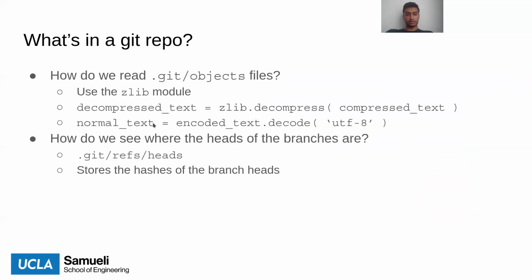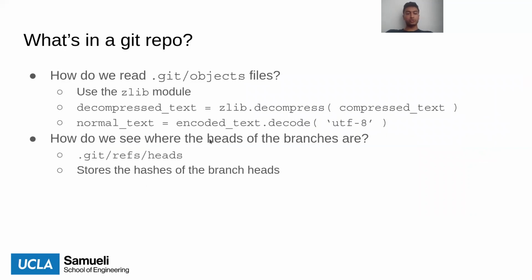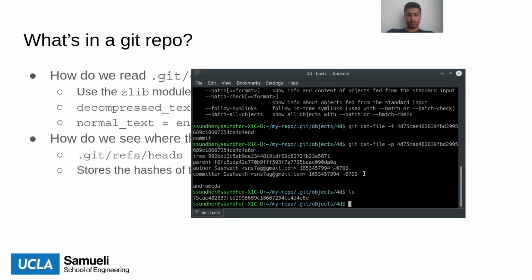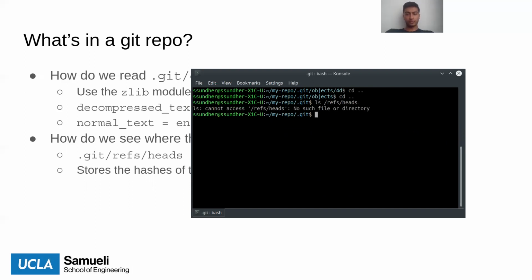So how do we make this graph? Well, first we look in .git/refs/heads. Let me just show you what's in there. Clear, and then cd .. cd .., and then ls. We're in .git right now, so we ls refs/heads.